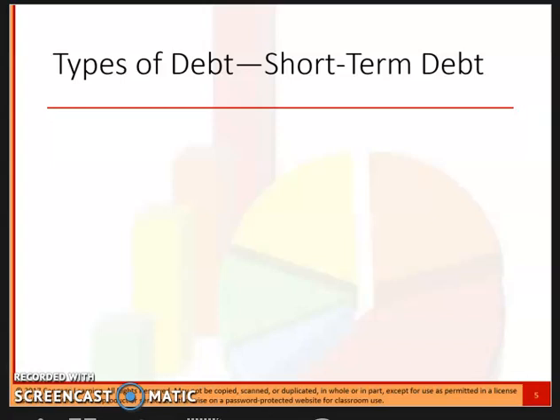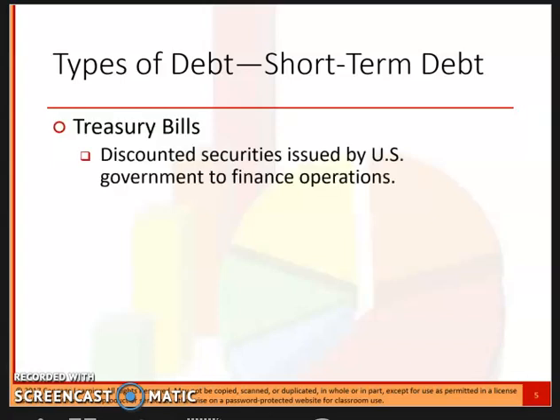Types of debt, short term. Mentioned in the last chapter, Treasury bills. Treasury bills are available in 14-day, 28-day, then 91-day, 182-day, and 364-day maturities. So there are 5 different maturities of Treasury bills.